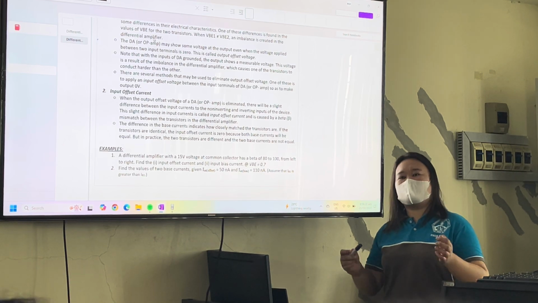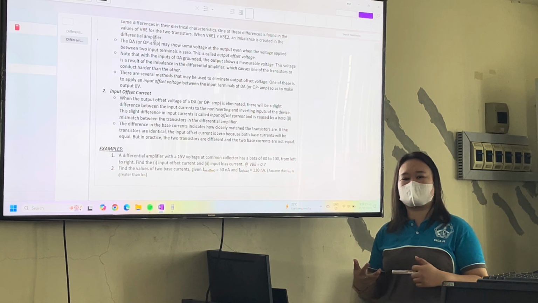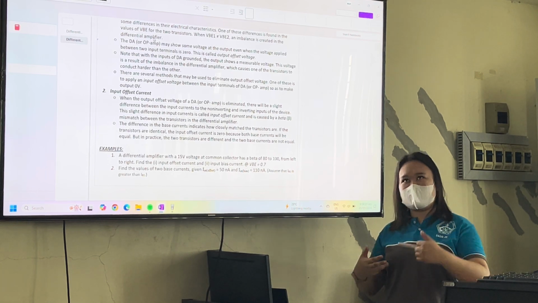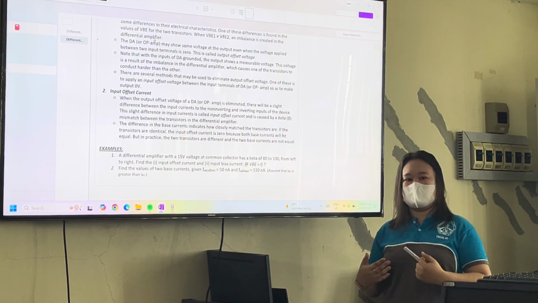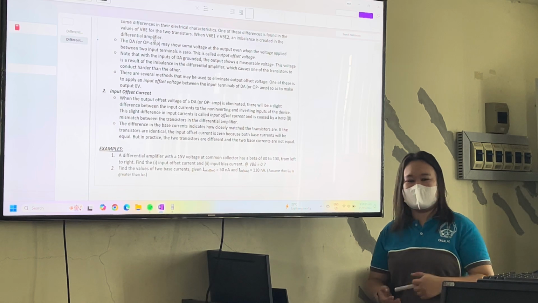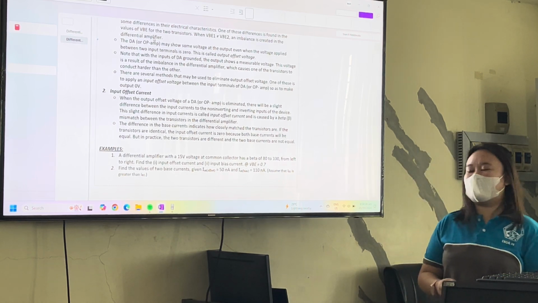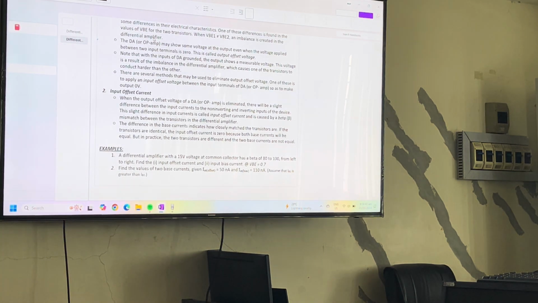Temperature dependent meaning it changes depending on the changes in doping. Doping, balik taog, fundamentals. So for doping, di ba natay formula ni beta?